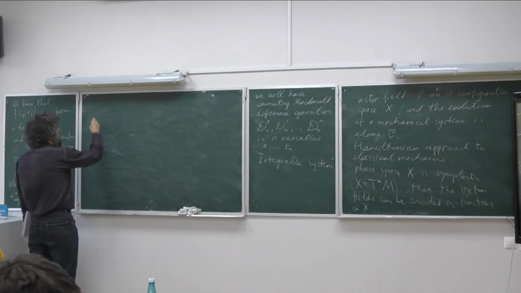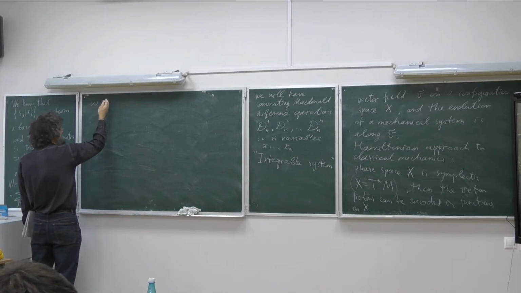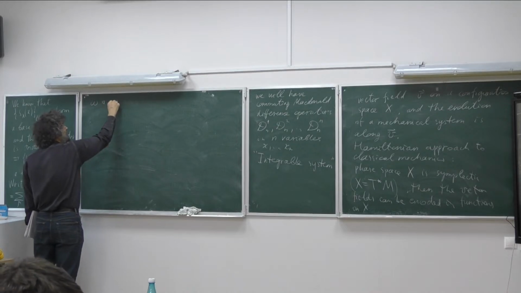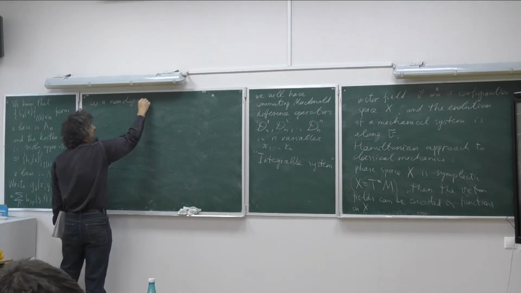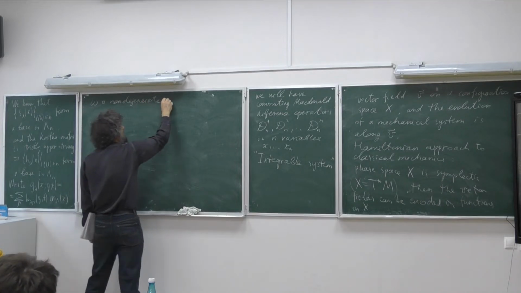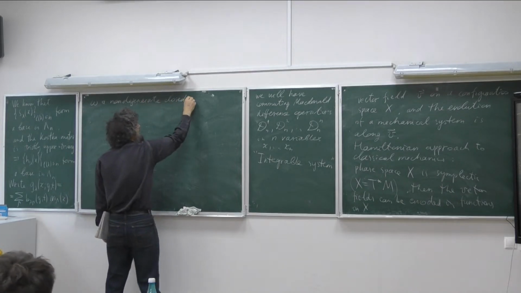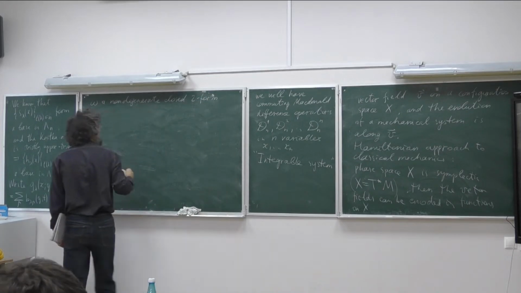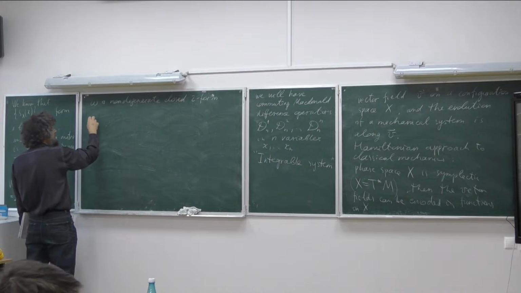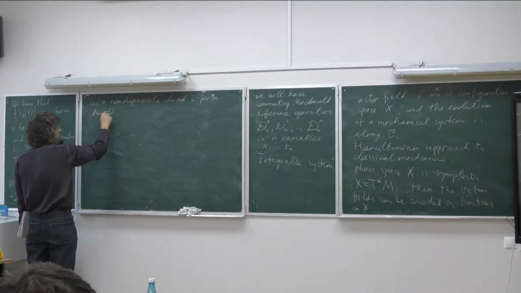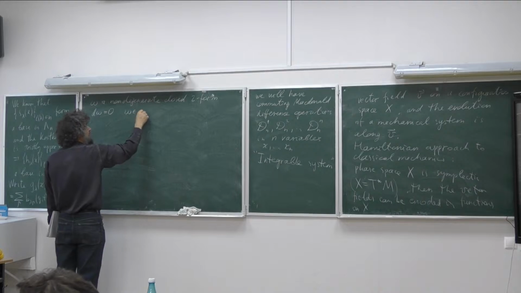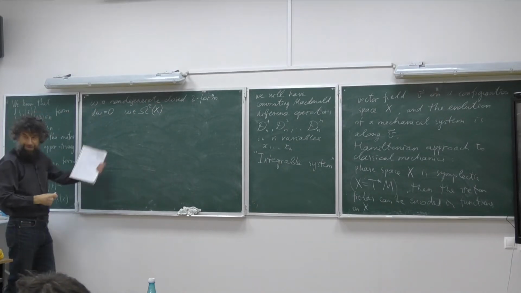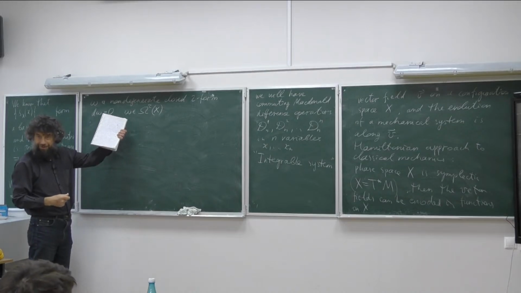Omega is a non-degenerate closed two-form. So d omega is 0. This is clear. The definition is clear.